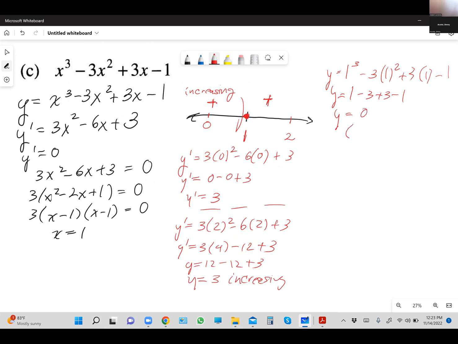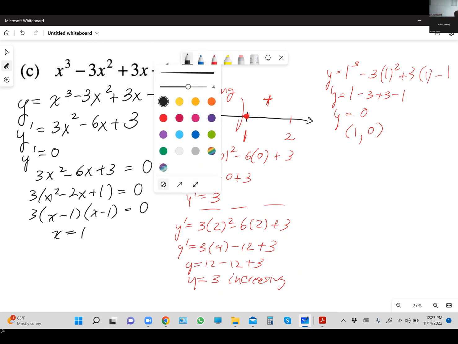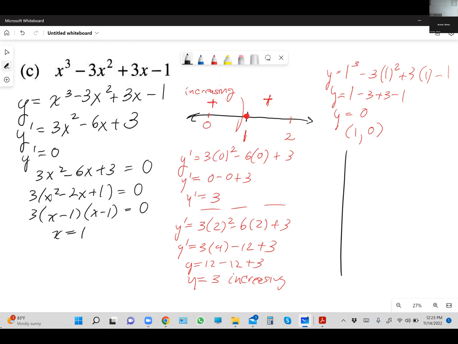So 1 comma 0 would be your point. If I make a quick sketch of this, at 1 comma 0, and I know 0 comma negative 1 is another point, maybe it does something like this. That's what it looks like to me.